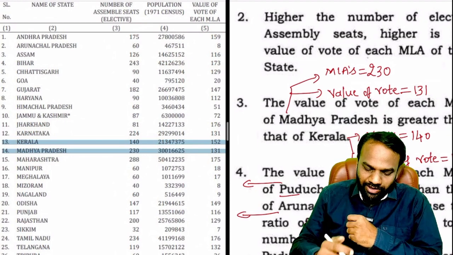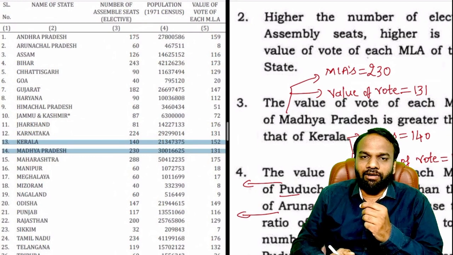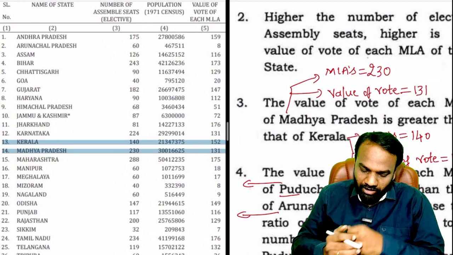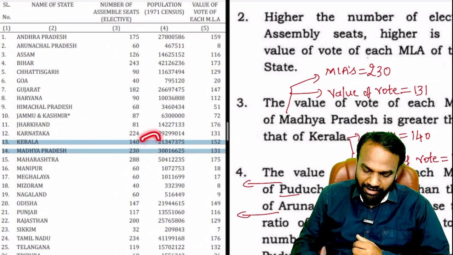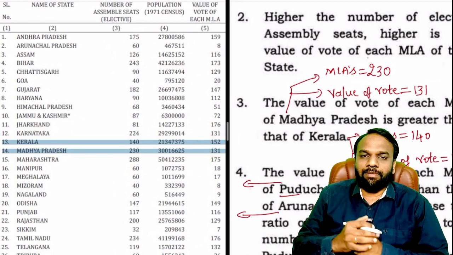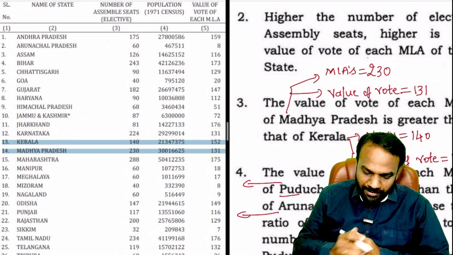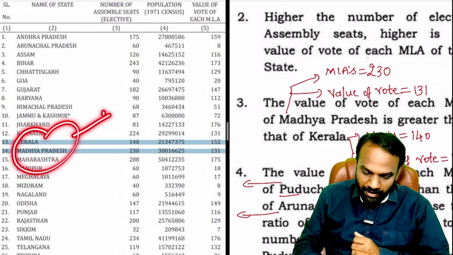In the sequence, where is the first time we find that the MLAs increase but the value does not increase, but decreases? The first such encounter happens with respect to Kerala and Madhya Pradesh.